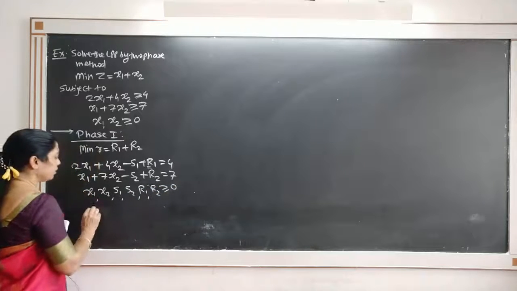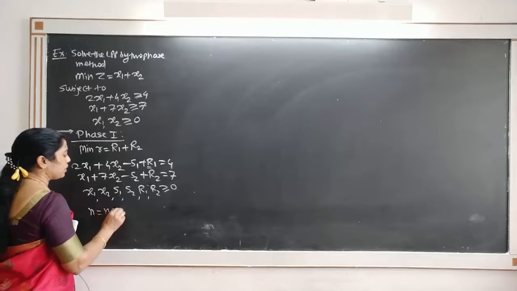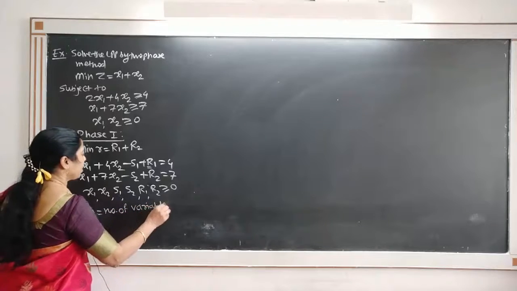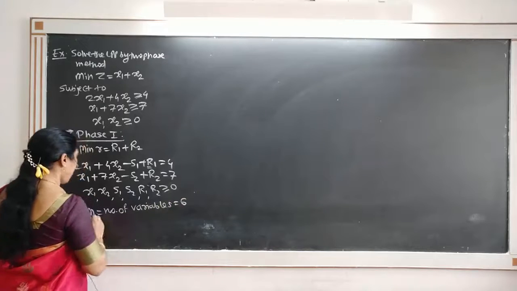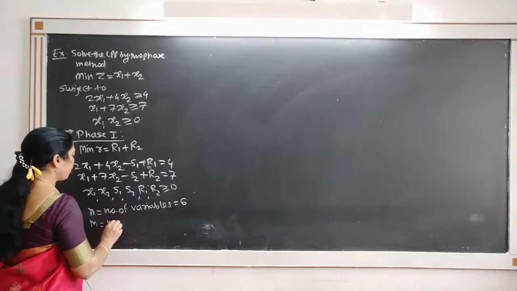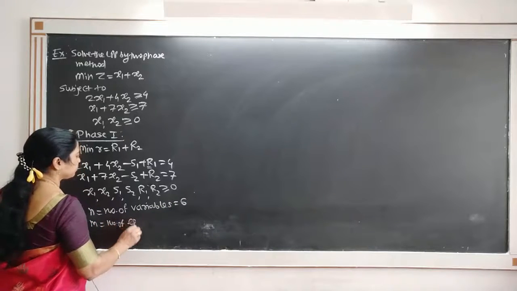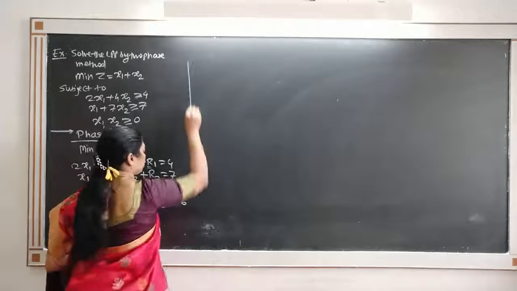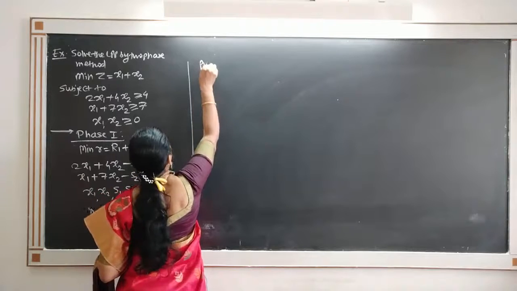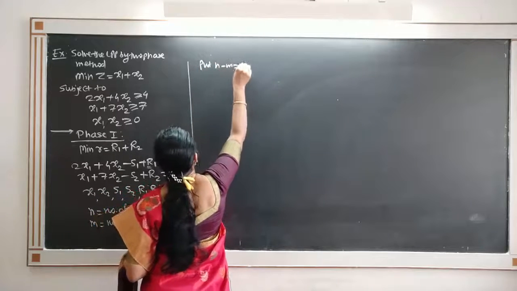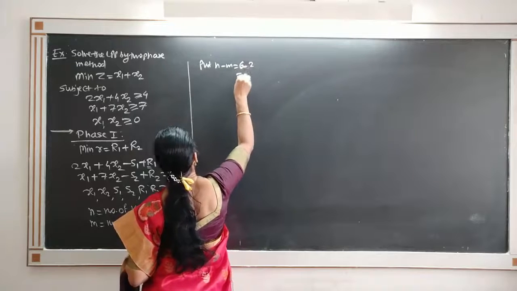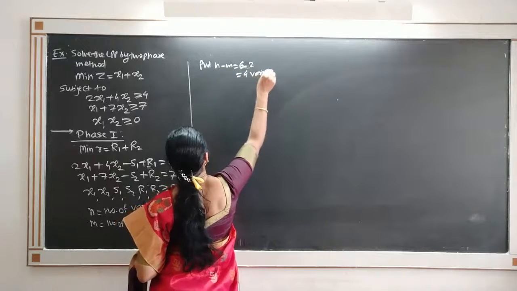Now n, the number of variables, equals 6, and m, the number of equations, equals 2. Therefore put n minus m, that is 6 minus 2, equal to 4 variables equal to 0.